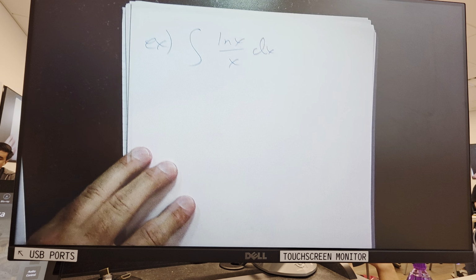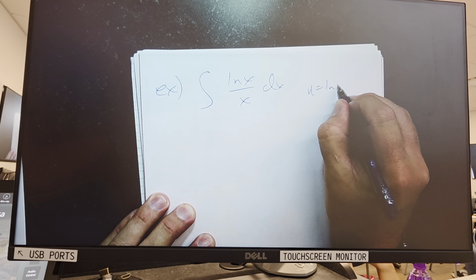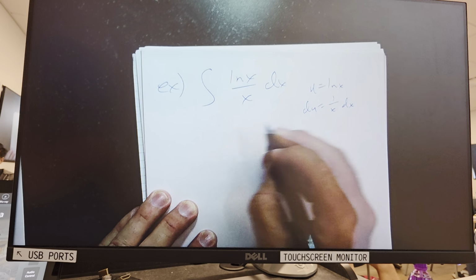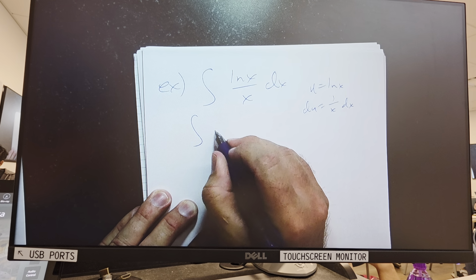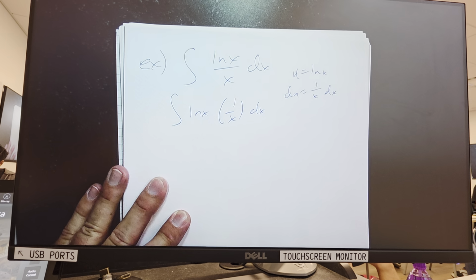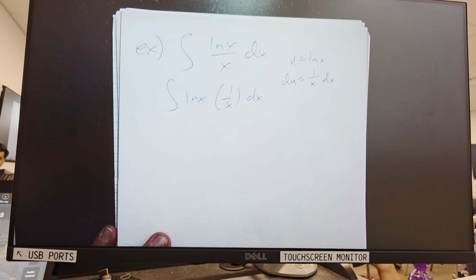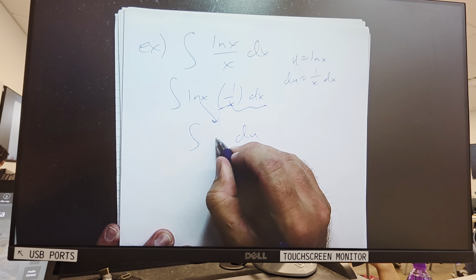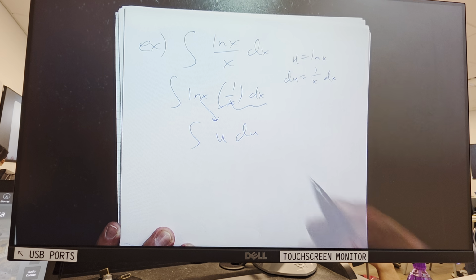So if I let u equal ln x, du is 1/x, and just to make this really in your face, if I rewrite this like this, which I could do, I don't need to, but I just did it. This is du. This would be u.